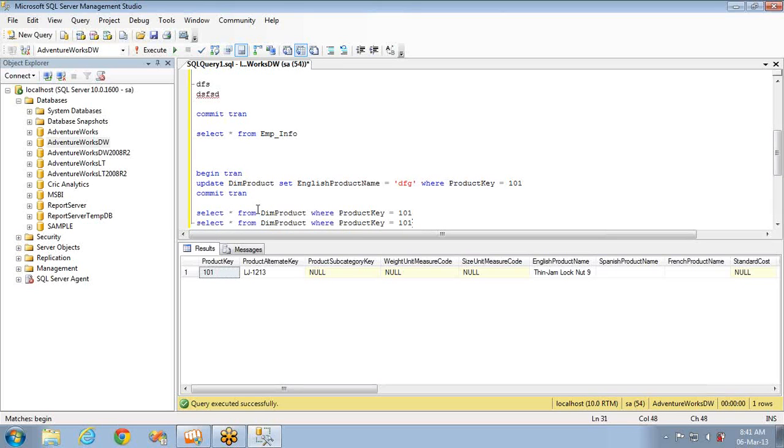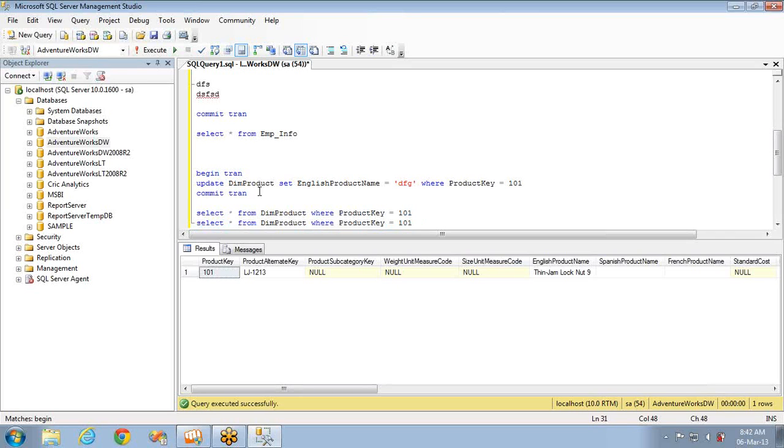Let's say I have two select statements executing with the same where condition on the same table. When the transaction is currently in progress and I execute the same statement multiple times, the first read will give me one value and the second read will give me a different value, right?